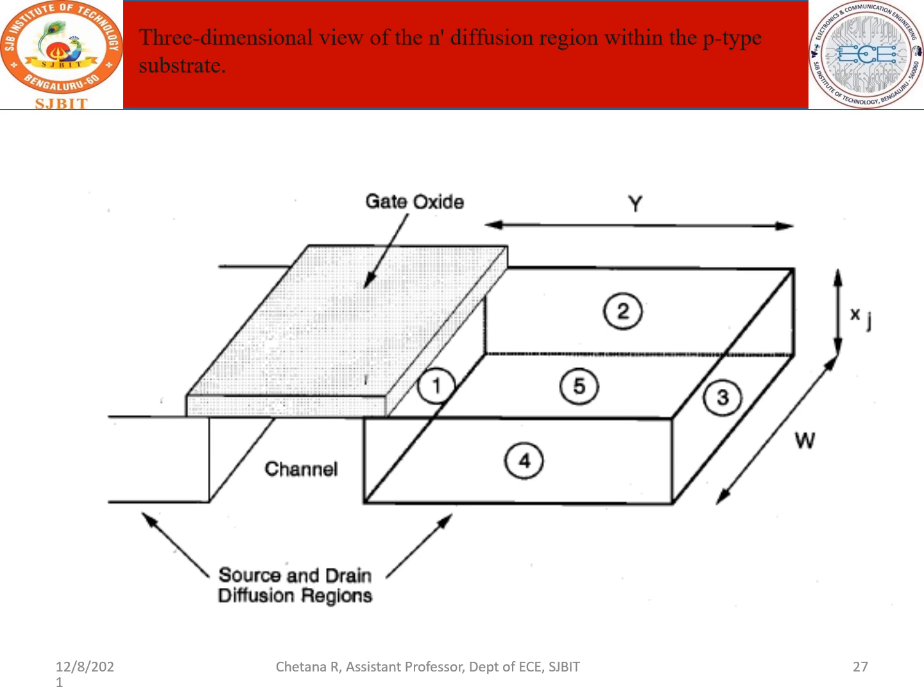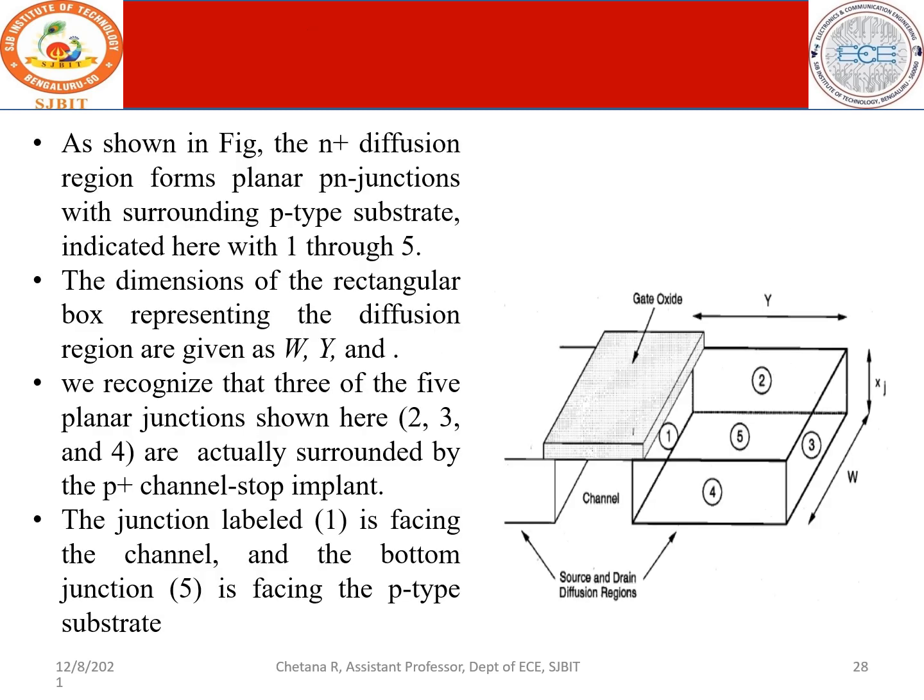So 1, 2, 3, 4, 5 are the different junctions existing in this model. They are formed in the XYZ directions. We have width W, and we have the depth XJ.